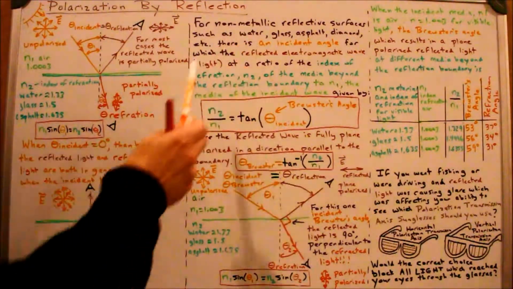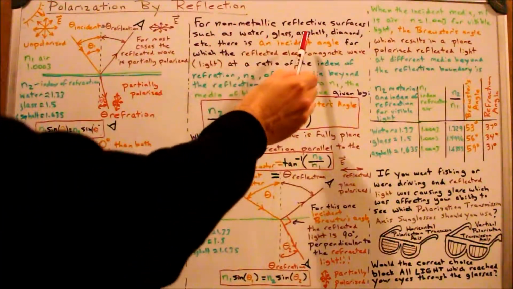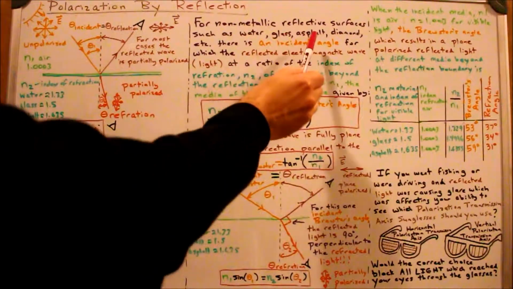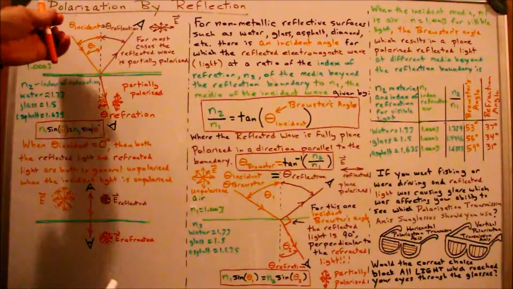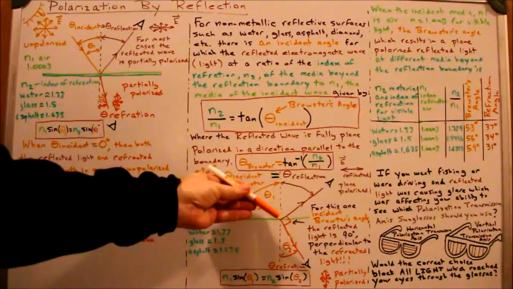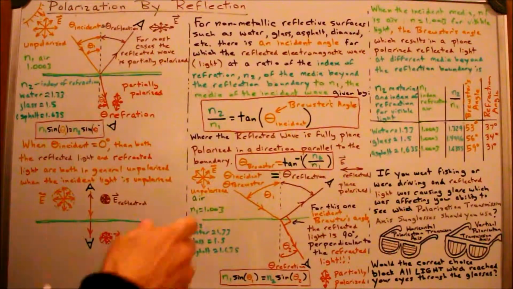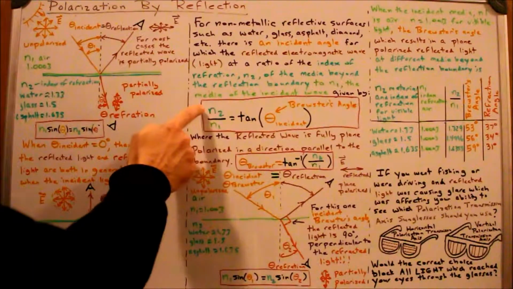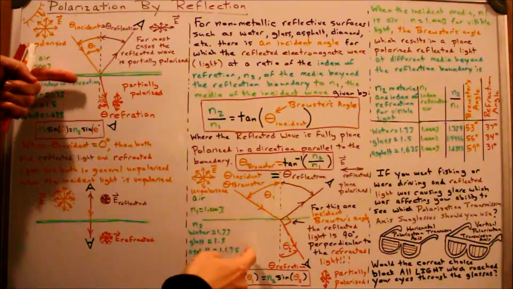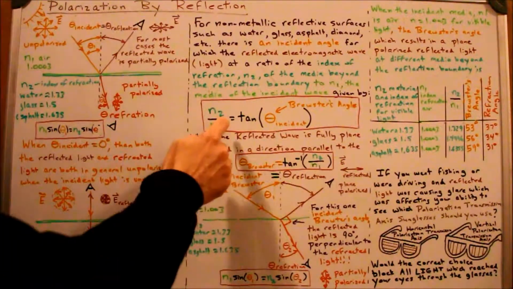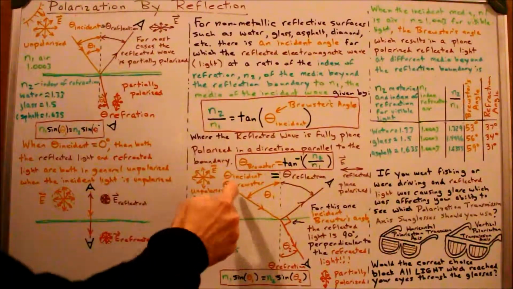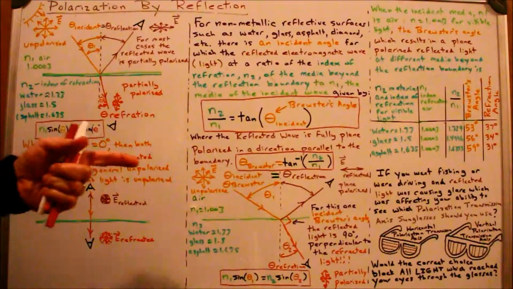For non-metallic reflective surfaces such as water, glass, asphalt, and diamond, there is a particular incident angle, which is given by the ratio of the index of refraction of what it reflects off of, N2, over N1, the index of refraction of the medium the signal comes in through.